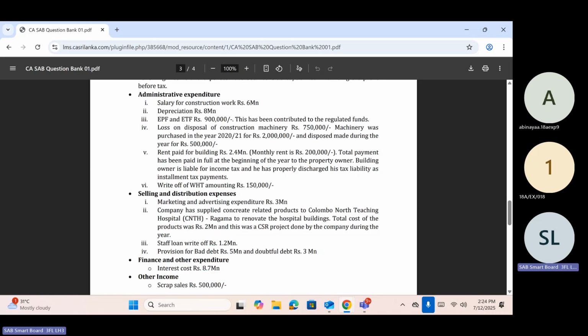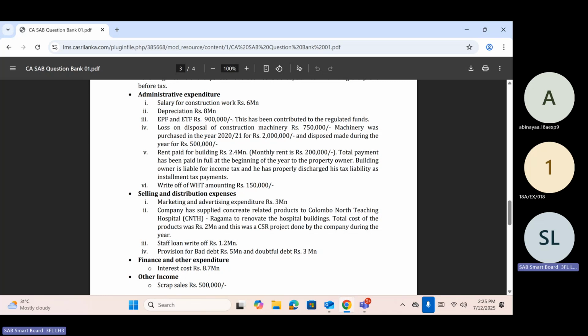So, rent paid for building 2.4 million. Rent paid is 2.4 million. It says monthly rent is 200,000.